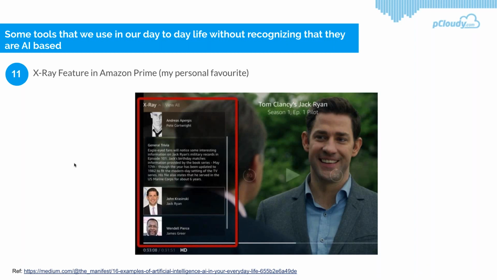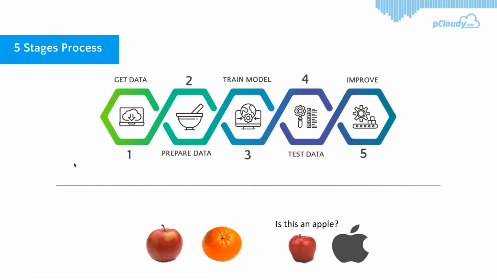Now let us see how an AI platform can be built. So building an AI platform is a 5-step process. So, get data. This is the toughest of all things, I feel, because you don't just have to get data. You have to gather lots and lots of data.